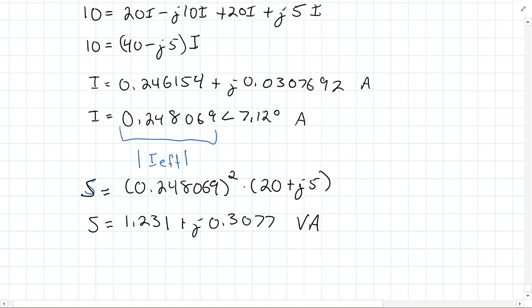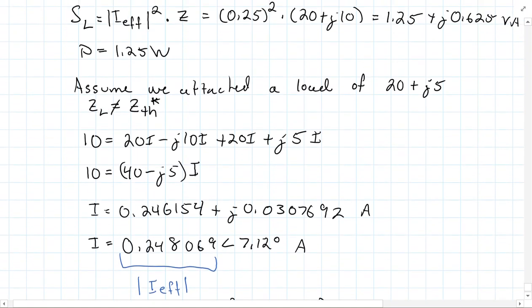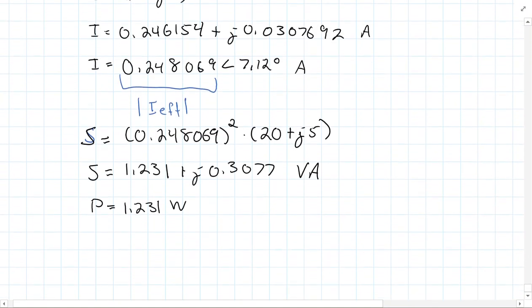And we can see here now we don't have as much average power, because my average power here is 1.231 watts. And if I scroll back up, we got 1.25 watts when we had done the proper load.